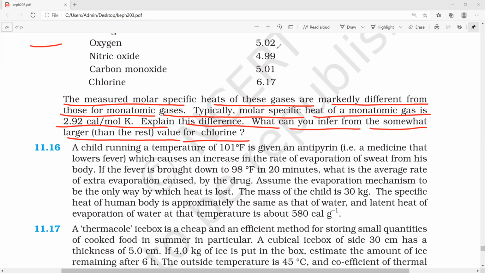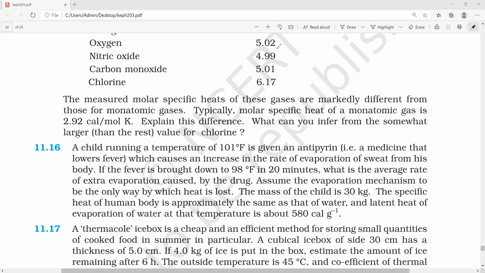So if only rotation mode of motion is considered, then molar specific heat of diatomic is given by the formula. ಯಾವ ತರ ಕೊಡ್ತೀವಿ ಅದನ್ನ? So that is given by the formula.